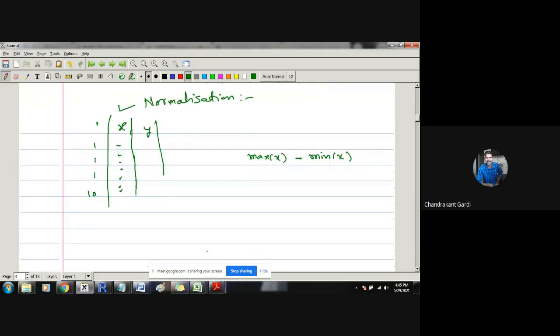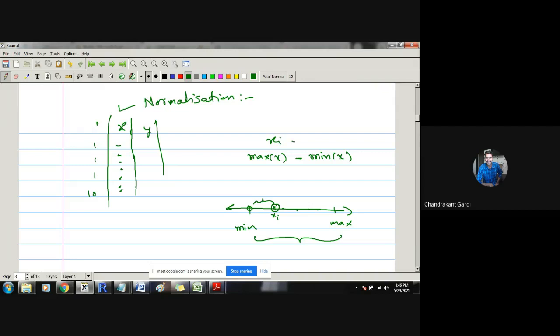Now suppose this is the minimum value, this is the maximum value, and all other values are in between. What we will consider is how far this particular value is from the minimum value, compared to the total deviation. The total deviation in the data is this much, maximum minus minimum. Compared to that, how much is this distance? Suppose this observation is xi.